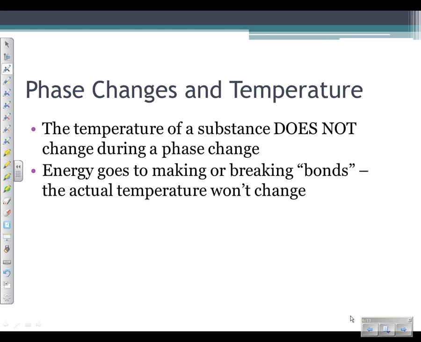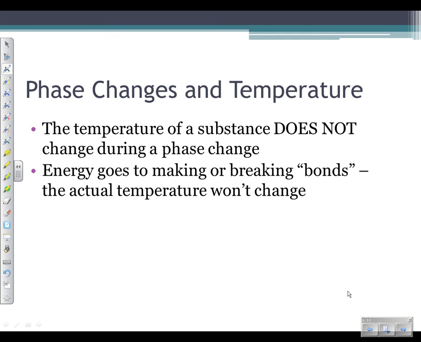That's why it's quote-unquote bonds. We could also substitute in attractions there, and that would be perfectly fine. But what does that result in? That means that when you're recording the temperature of a substance as it's changing phase, it doesn't actually go anywhere temperature-wise. Okay? Good there?